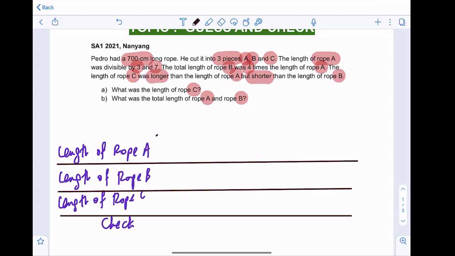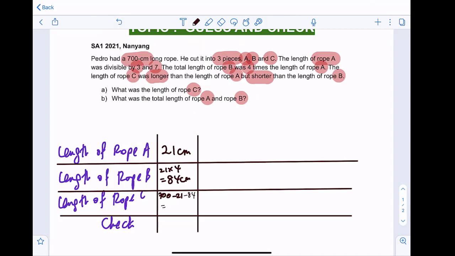Alright, now let's try. So the first value we can try with is 21 centimeter. Now if A is 21, what is B then? 21 times 4, that will be equals to 84 cm. And C will just be 700 minus 21 minus 84.